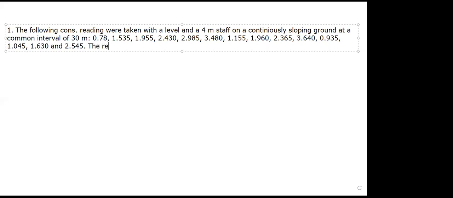The reduced level of the first point, A, was 180.750 meter.